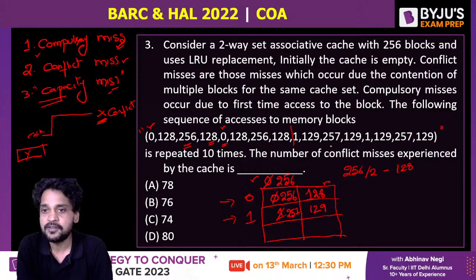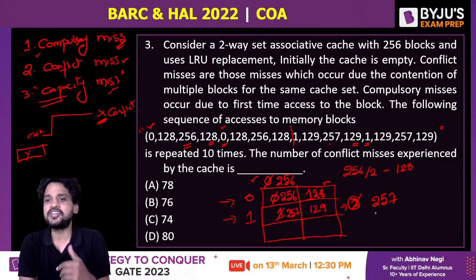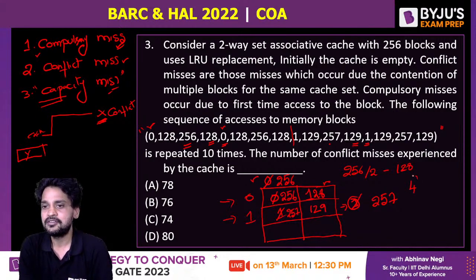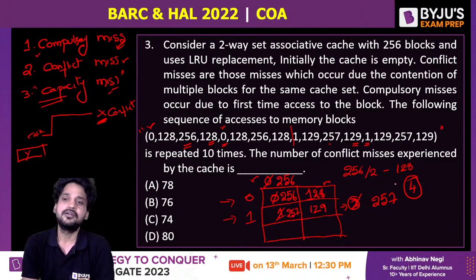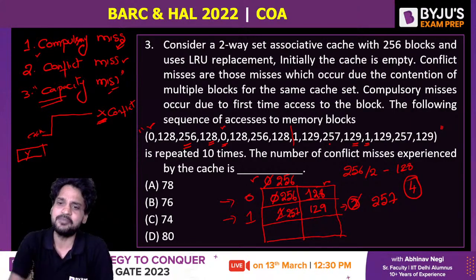Right after 257, 129 is a hit. After which 257 will be replaced by 1. This is a conflict miss. Again 129 is a hit and 257 is a miss, so 1 will be replaced by 257. Got me? Initially, in the first iteration, I just got 4 conflict misses. Right from the second iteration, everything is a conflict miss.